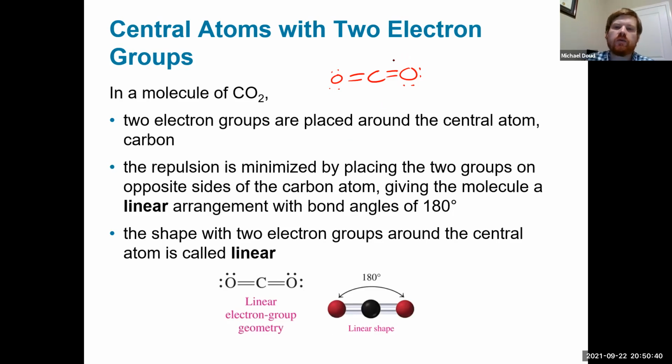So here, if we were to count up the number of electron groups, that's going to be equal to the number of bonded atoms plus the number of lone pairs. Now, again, for both of these, you have to remember, this is on the central atom.